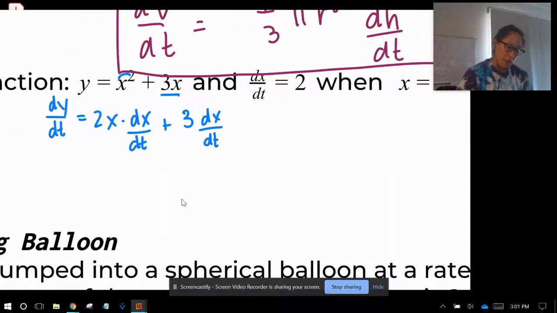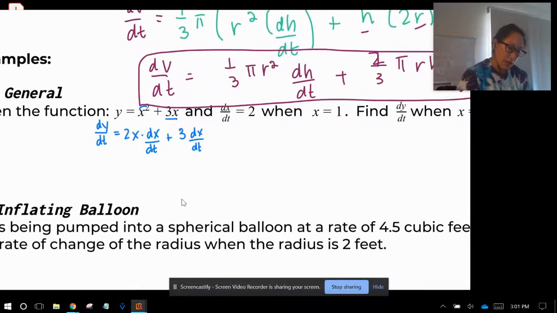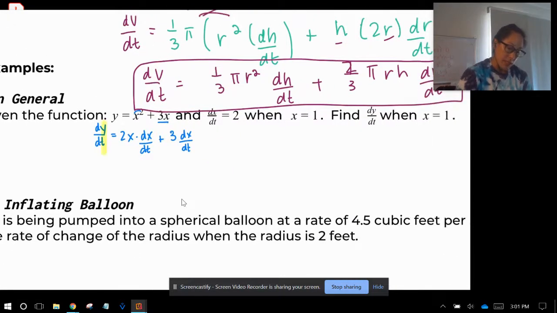All right. So if I want to figure out what dy dt is, then I need to plug in the rate, which is 2, and my x value when x equals 1. Think about this as like when we're evaluating the derivative at a point: at what certain time are we evaluating?